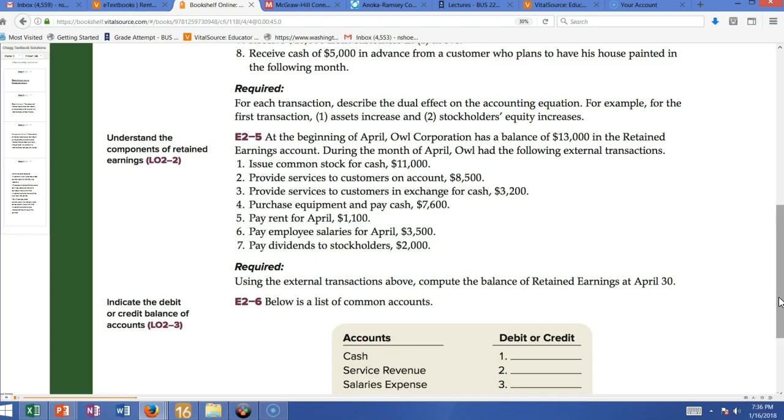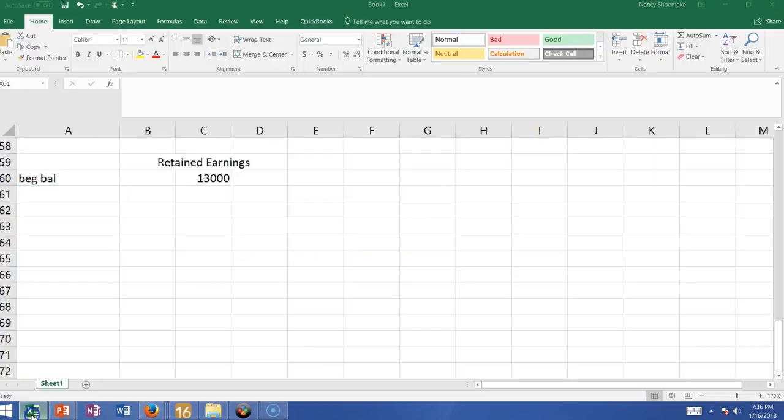Exercise 2-5. Let's evaluate this first transaction. Issue common stock for cash, $11,000. Think of what transactions are involved, guys. What happens to cash? Cash goes up and common stock goes up. But the question is, does it affect retained earnings?